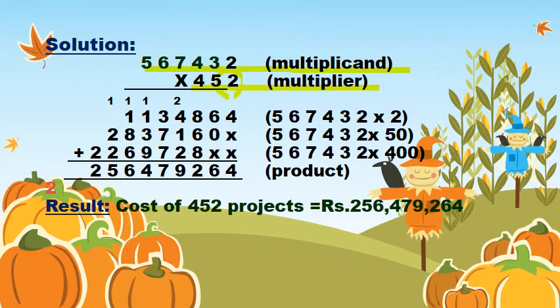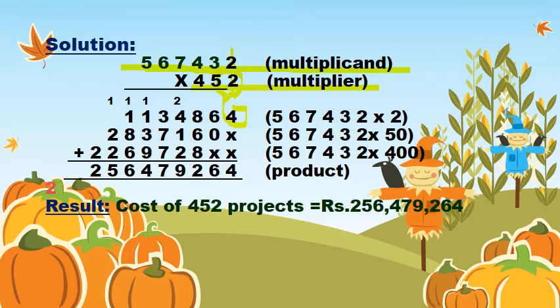Now first multiply 2 times, we get 4. Proceed with the same method from right to left. Now you have multiplied the ones digit by every digit in the top number. Move to the tens digit in the bottom number.